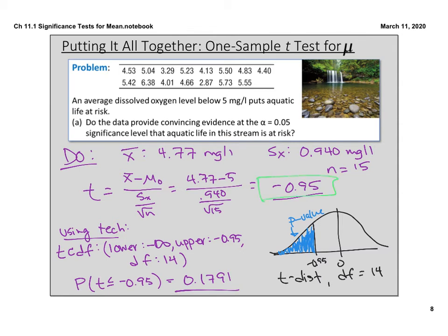So those are the two things that you absolutely have to have in this do statement. You have to have your t statistic, your test statistic. Hopefully you can kind of see that green. Sorry, it's a little bright. And then this is your p-value. The other things that are good to take note of are the statistic mean, the statistic standard deviation, and what your sample size is.